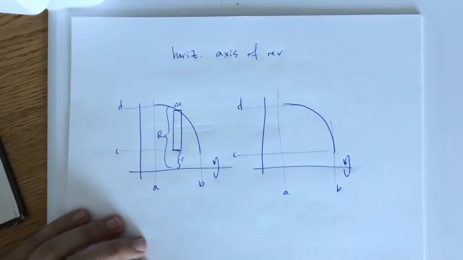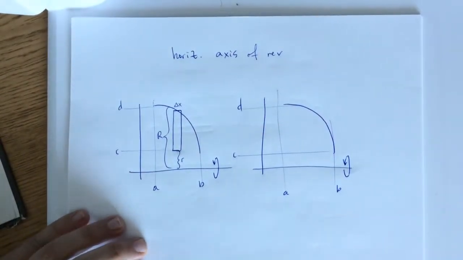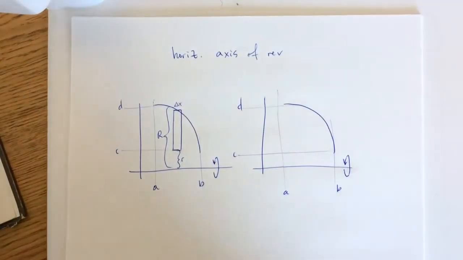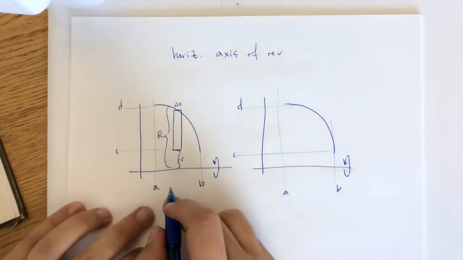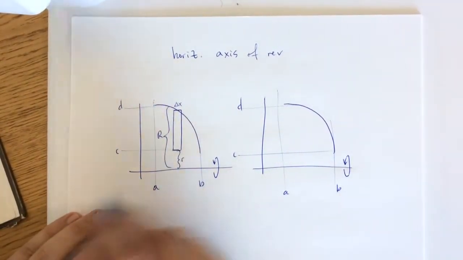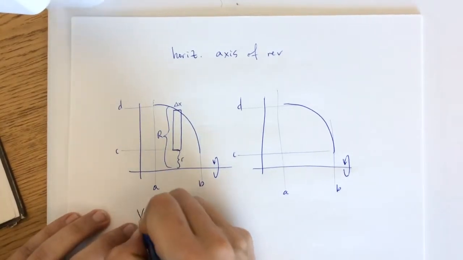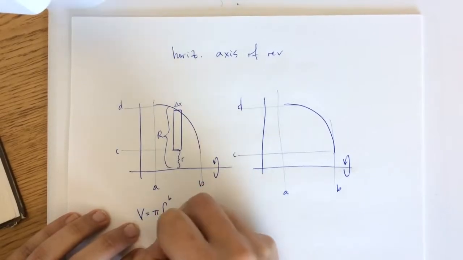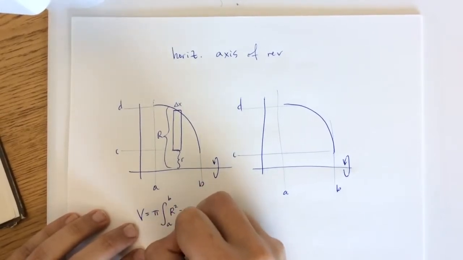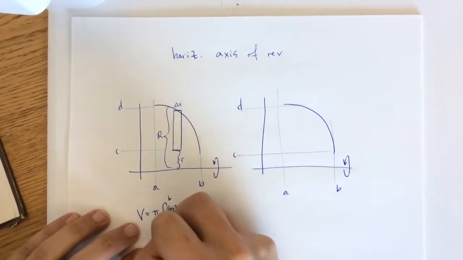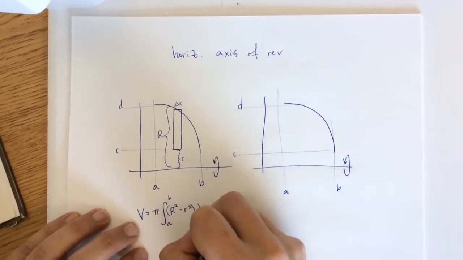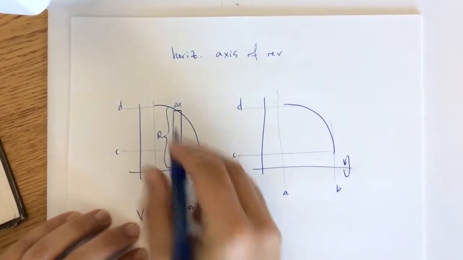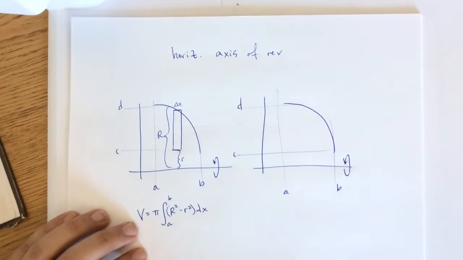And so the volume of the shape is given by v equals pi times the integral from a to b of the major radius squared minus the minor radius squared, and that integral is taken with respect to x, since we have a dx, or delta x.